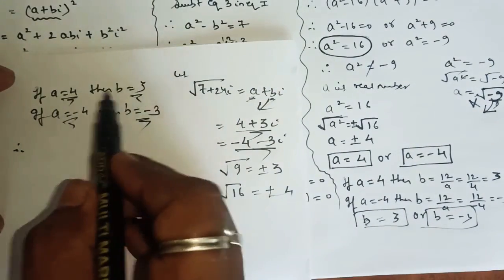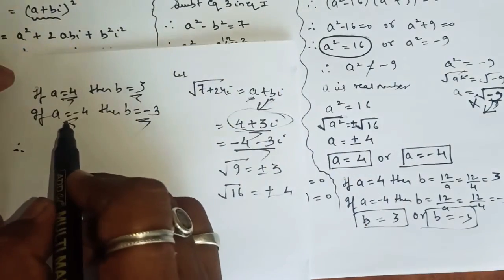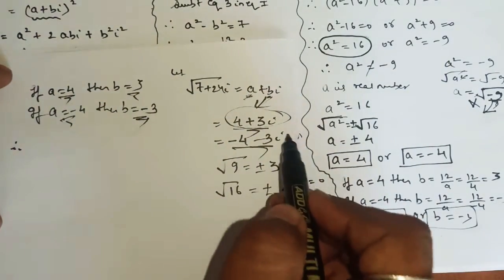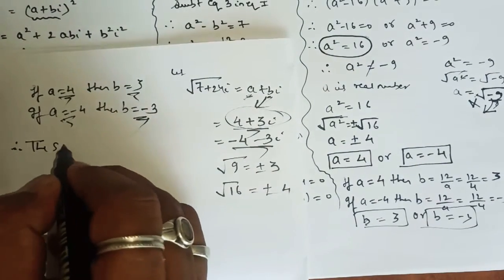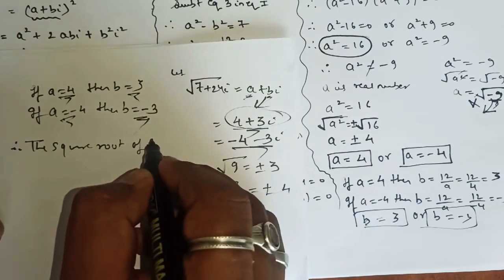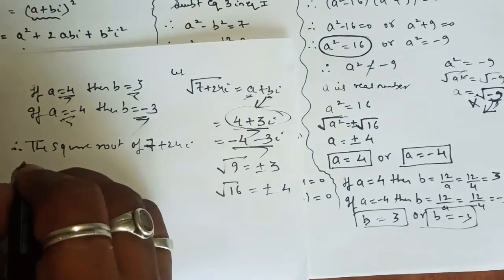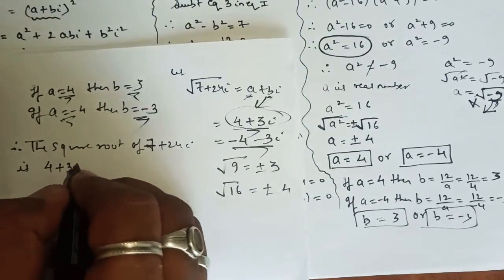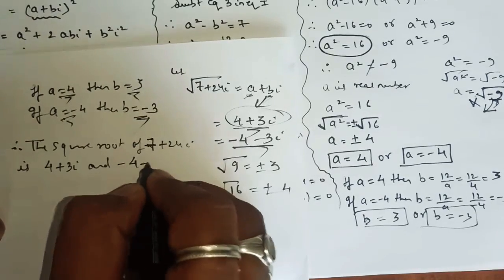First put a as 4 and b as 3, you get one answer. Then a as minus 4 and b as minus 3, you get the second answer. So here you will write the square root of 7 plus 24i is 4 plus 3i and minus 4 minus 3i.